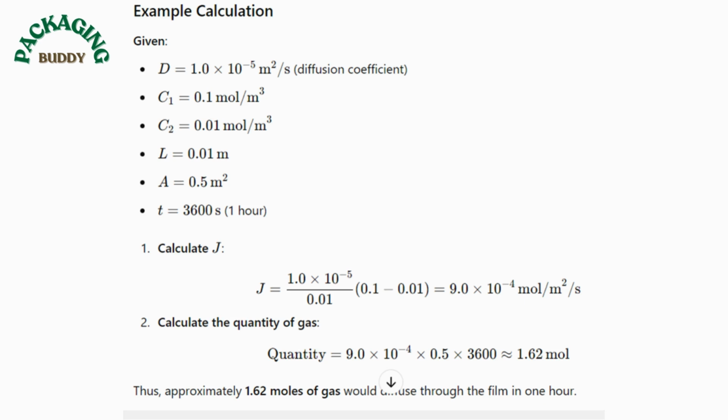Y, calculate the quantity of gas. Quantity is equal to 9 into 10 to the power minus 4 multiplied by 0.5 multiplied by 3,600, which is equal to 1.62 moles. This means approximately 1.62 moles of gas would diffuse through the film in 1 hour.